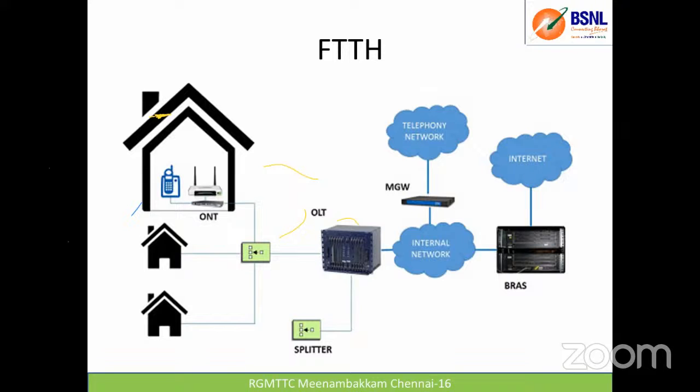These telecommunication streams are converted into media streams by this media gateway, and connected to the internal network, to the BRAS. This MGW is mainly used for voice communication, but also for other digital media streams between different telecommunications networks.